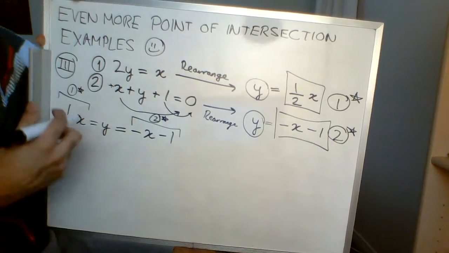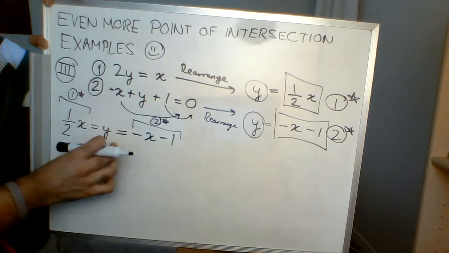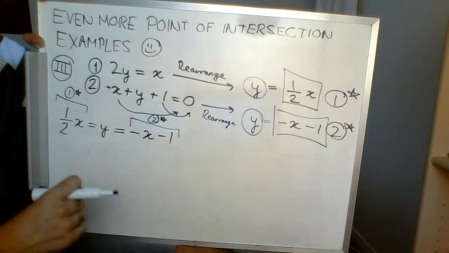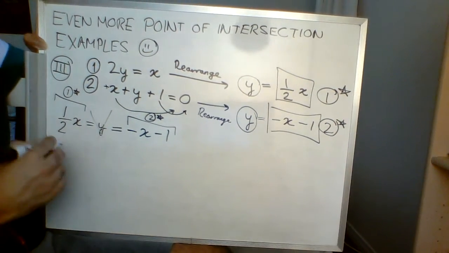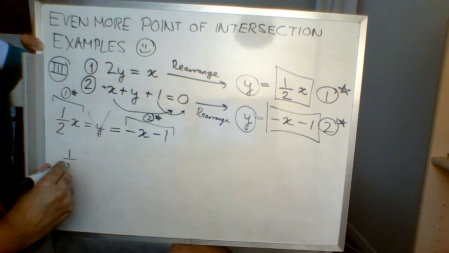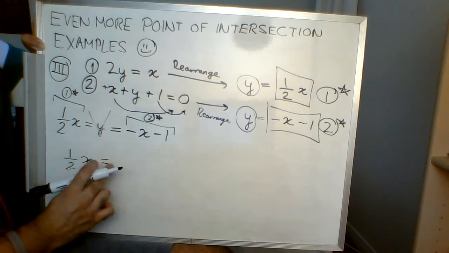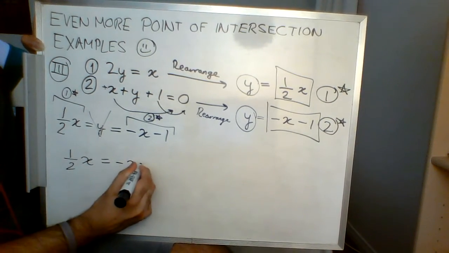Now, if our left side is equal to the middle, and the middle is equal to the right, that means that the left side has to be equal to the right side. So I can just completely ignore this y in the middle, and write that the left side is equal to the right side. So I get 1/2 x is equal to negative x minus 1.